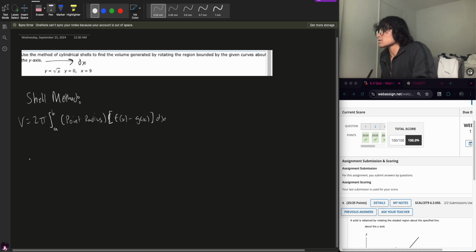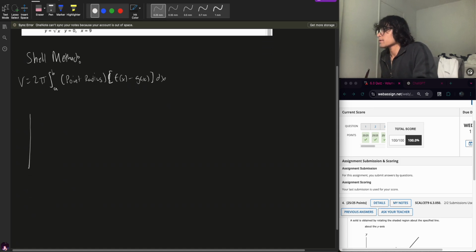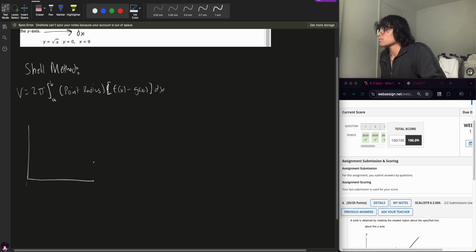So let's graph this thing. We're given y equals 0, which is this. We're given that x equals 9, which is this.